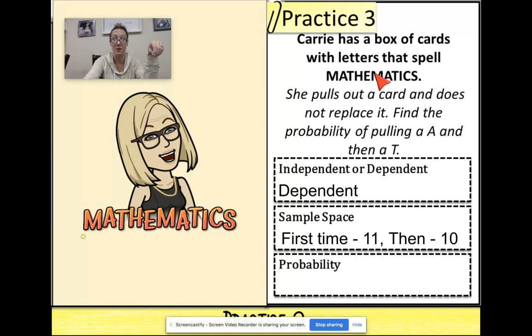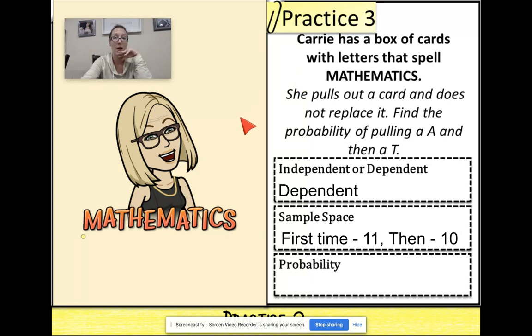So there's 2 M's in mathematics, so she's got 2 M's in the cards. So the first time she has 11 cards because there are 11 letters in mathematics. She pulls a card out and sticks it to the side. That means the second time that she goes in that box, there's only 10 cards. That's how the sample space changes, and that's what makes this a dependent event.